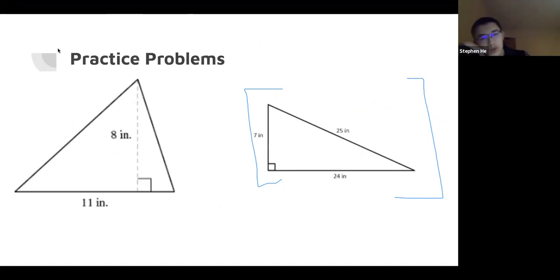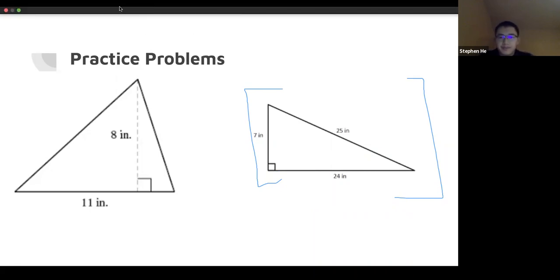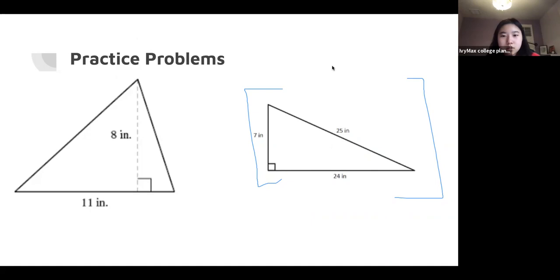For this one, we just do 1/2 base times height. If we take 24 as the base, we can see that 7 will be the height because it's a right triangle, so the two sides are perpendicular to each other. Therefore, you just do 1/2 times 24 times 7, and that gives you 84 inches squared. Cool. Yeah, just make sure you didn't use 25 as the base. I saw last time you guys had that problem, so don't use 25.